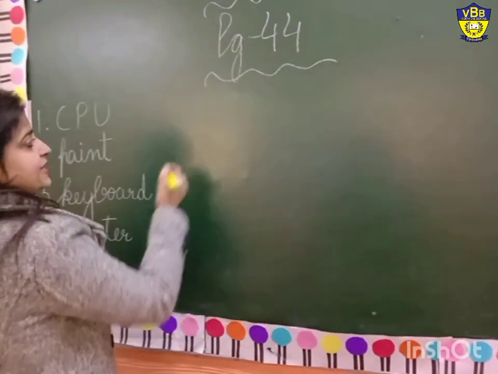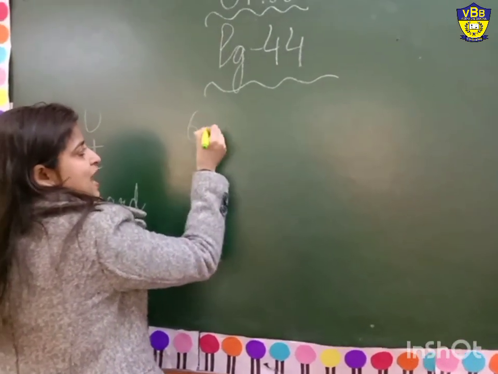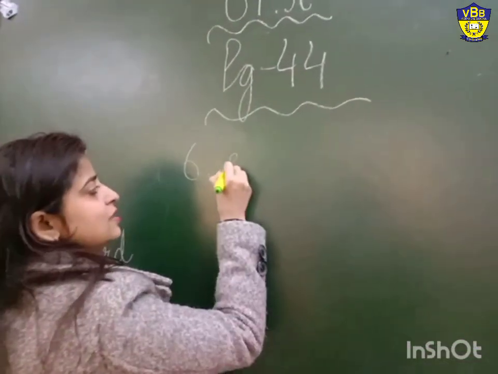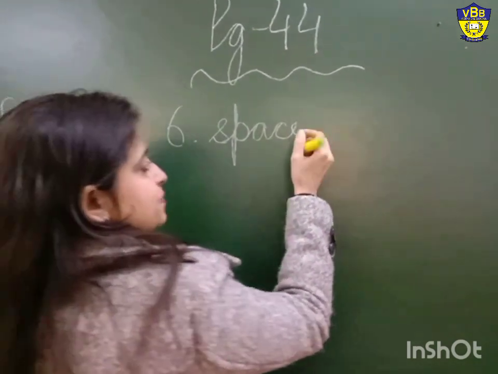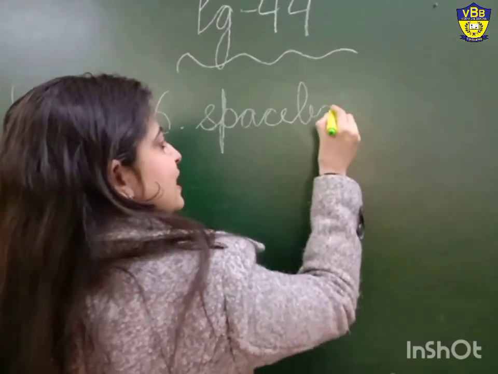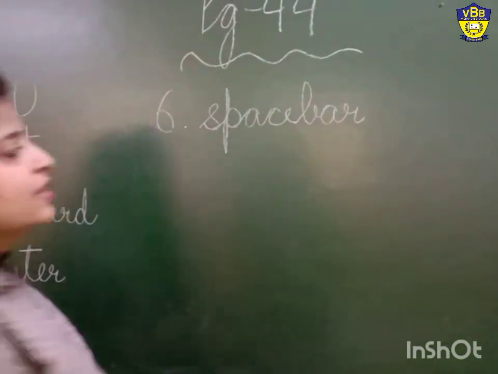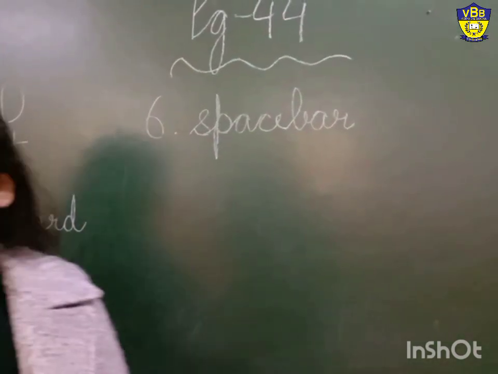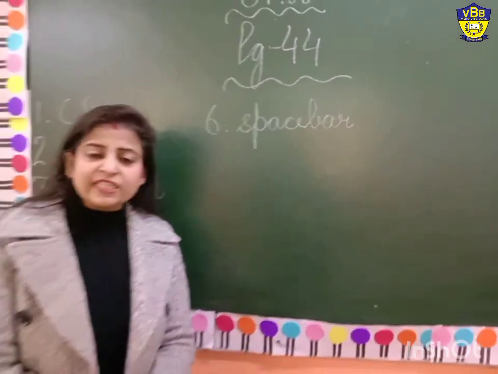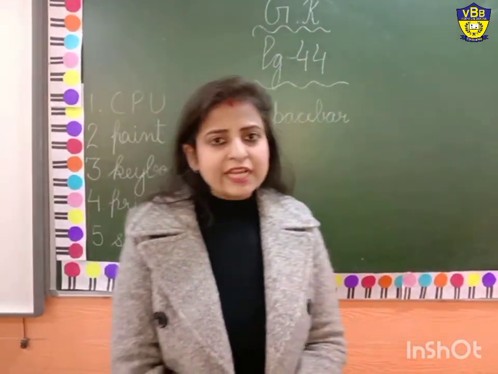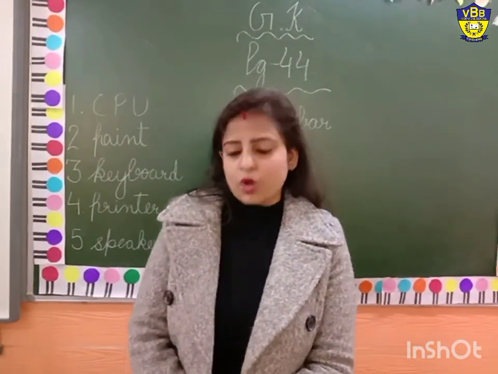Yes, that key is the space bar key. So write down S-P-A-C-E space, B-A-R bar. That key is the space bar key. Very good, bacha. Write it beautifully. Your handwriting should be beautiful in your book.